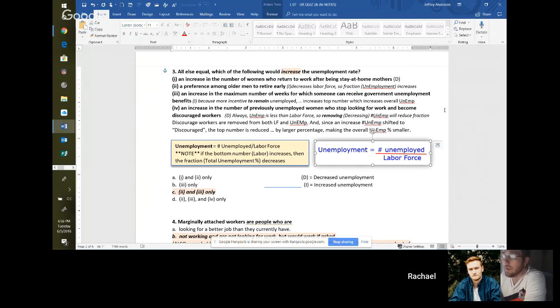So if the bottom number is going to get bigger, then the top number is going to get smaller. Right. And so based on that, we look at the labor force. So for number 4, an increase in the number of previously unemployed people who would have been considered part of the labor force.